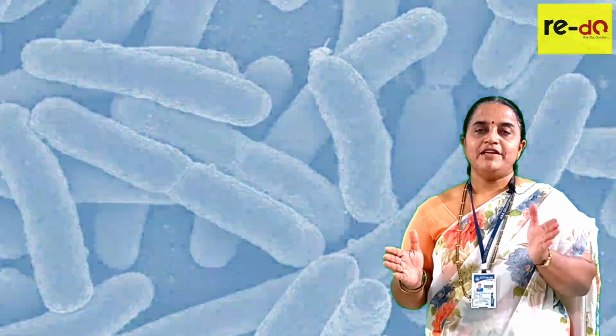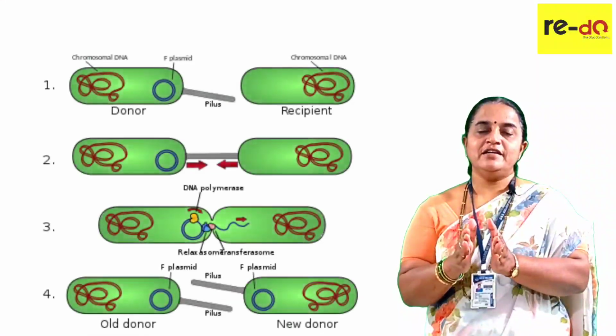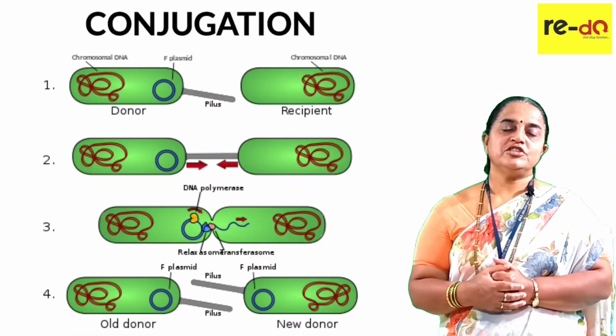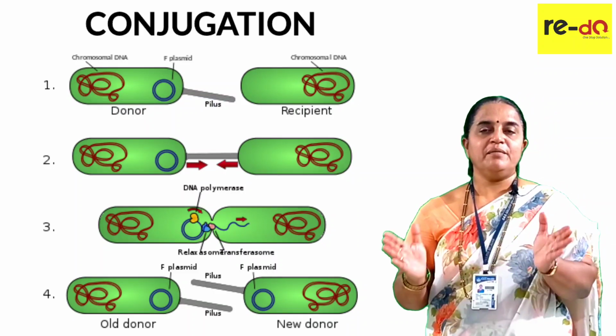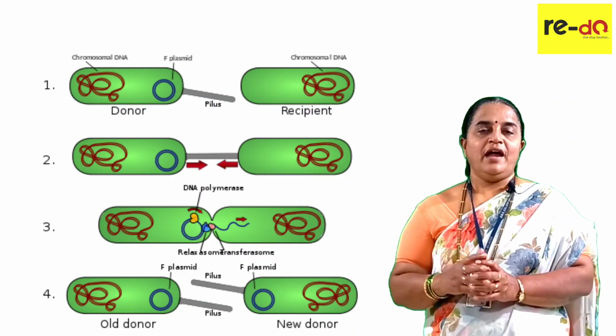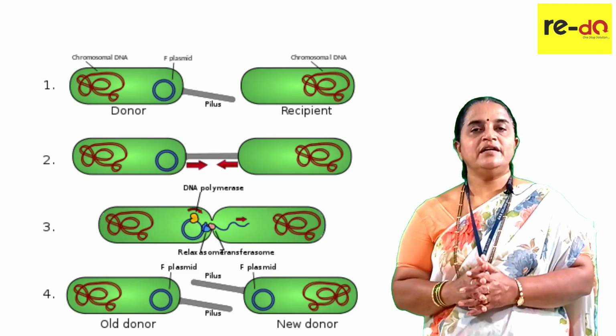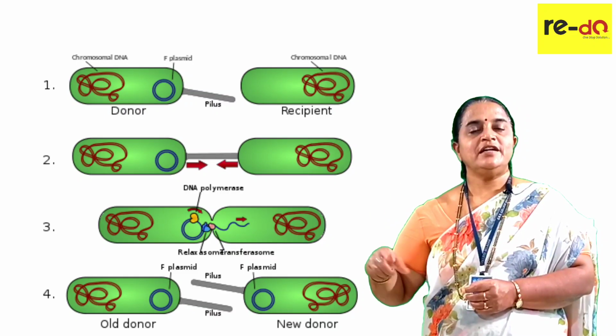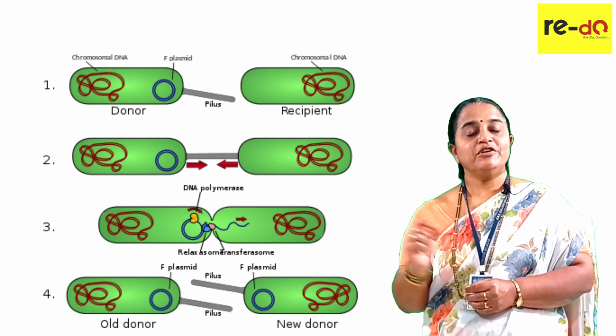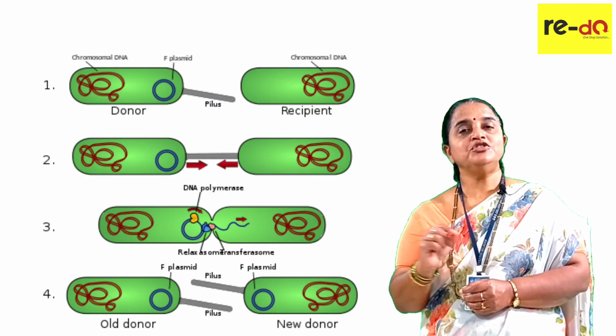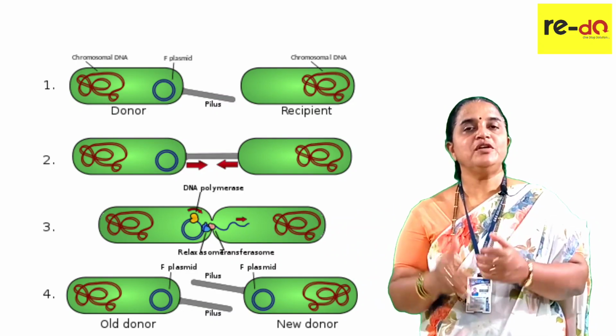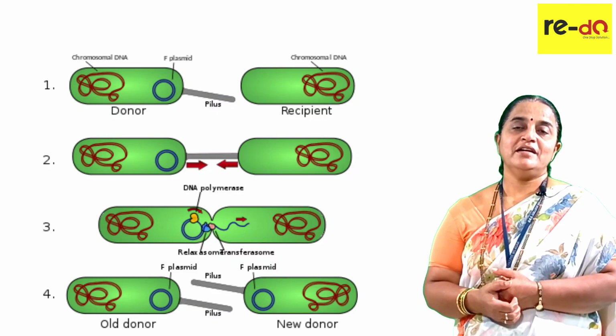They saw flagellated and non-flagellated started conjugating with each other, meaning they started pairing with each other. After some time they separated and non-flagellated developed a flagella. For this they called it conjugation. It is a type of sexual reproduction in bacteria.